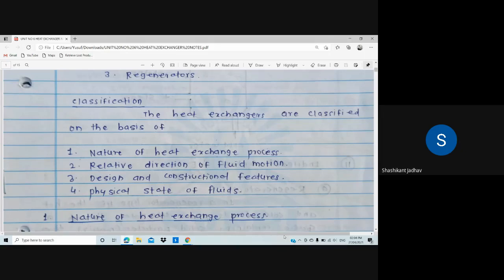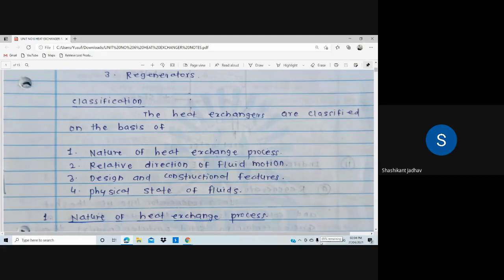What is meant by classification? The heat exchangers are classified on the basis of, कुठल्या कुठल्या बेसिसवर आपण हीट एक्सचेंजर क्लासिफाय करणार आहे. तर फर्स्ट बेस आहे नेचर ऑफ हीट एक्सचेंज प्रोसेस, म्हणजे कशा प्रकारे हीट एक्सचेंज होणार आहे. ओके, त्याच्यामध्ये डायरेक्ट कॉन्टॅक्ट हीट एक्सचेंजर आणि इनडायरेक्ट कॉन्टॅक्ट, म्हणजे हॉट फ्लुइड आणि कोल्ड फ्लुइड जर डायरेक्ट एकमेकांच्या कॉन्टॅक्टमध्ये येत असेल आणि हीट एक्सचेंज होत असेल तर त्याला डायरेक्ट कॉन्टॅक्ट हीट एक्सचेंजर म्हणतात. And if indirect contact heat exchanger, म्हणजे एका पाईपमध्ये हॉट फ्लुइड असेल, दुसऱ्या पाईपमध्ये कोल्ड फ्लुइड असेल.